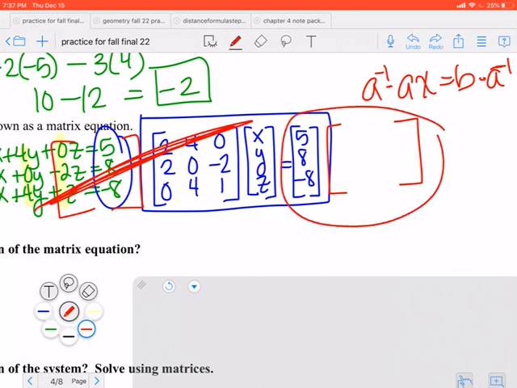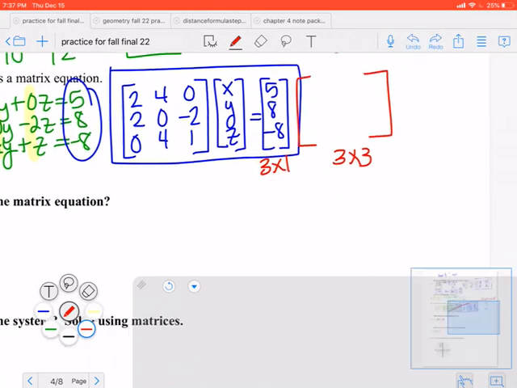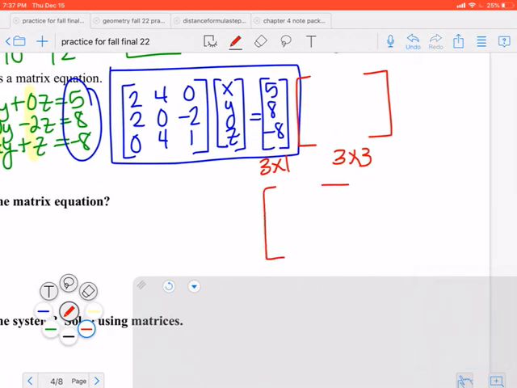On the right hand side, this is a 3 by 1, and this one's a 3 by 3. The inner dimensions don't match, so that wouldn't work for multiplying. So what we would have to do is put the 3 by 3 first, and then the 3 by 1 when we do it with the calculator.